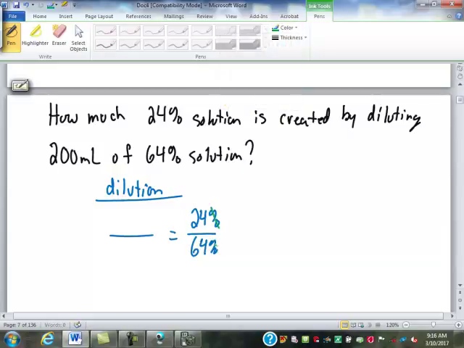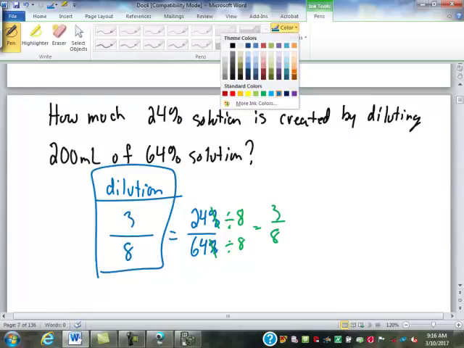Now we reduce, percents divide out. Both of those can divide by 8. 24 divided by 8 is 3. 64 divided by 8 is 8. So this is a 3 in 8 dilution.